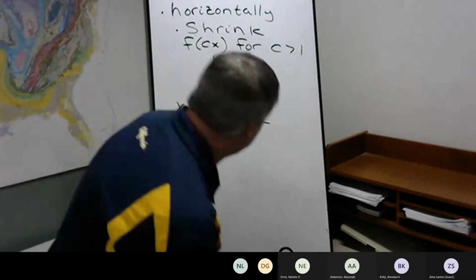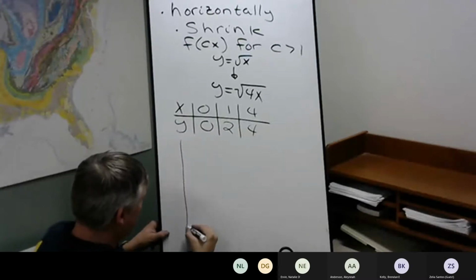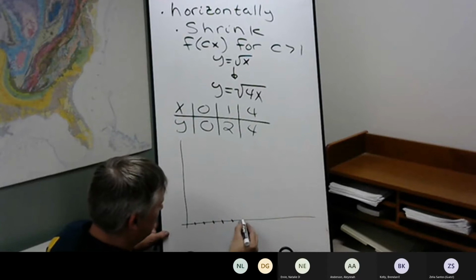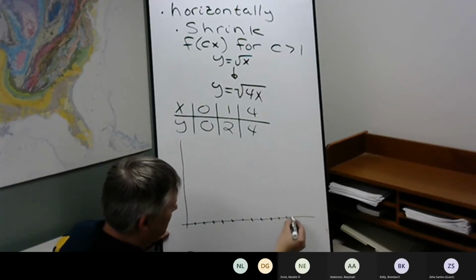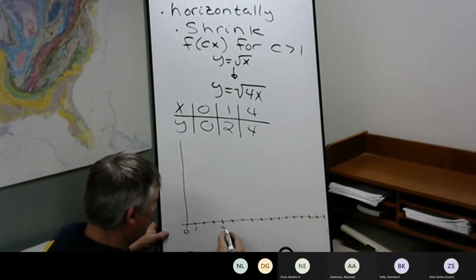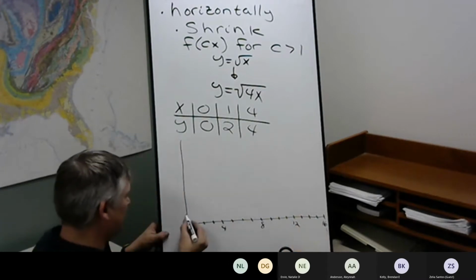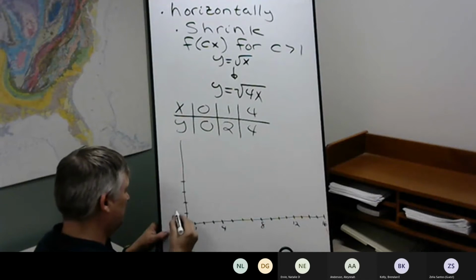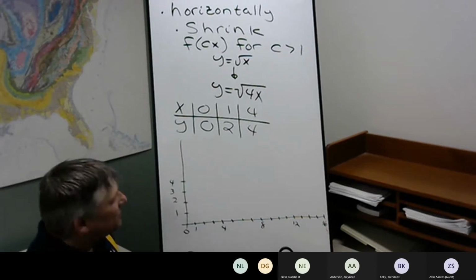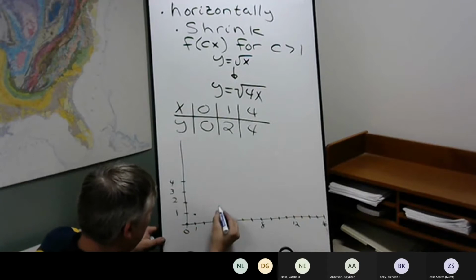So what's happening? If we graph this, what we're going to do, let's graph y equals square root of x. So we have (0, 0), (1, 1), (4, 2).